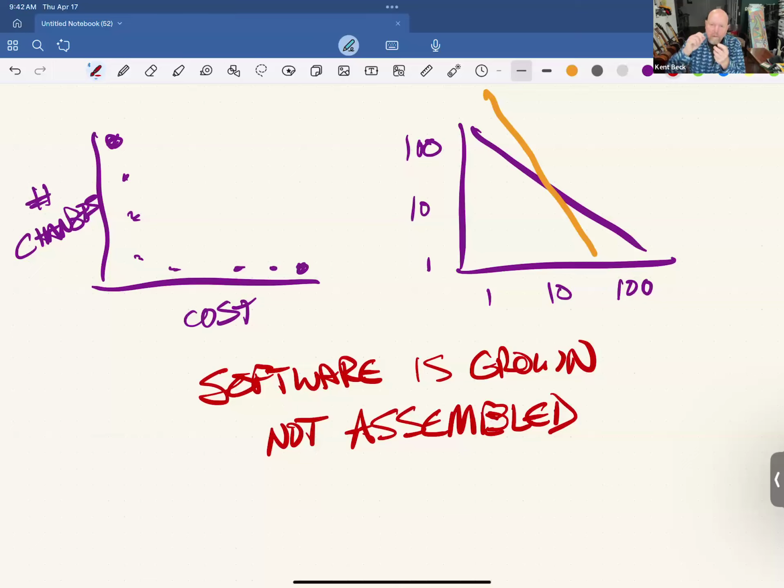Mostly in design, the way the structure evolves is as differentiation. So we have a thing, it gets too big, it splits into two things. The two things are heterogeneous. And then those things get bigger and then they split and split and split and split.